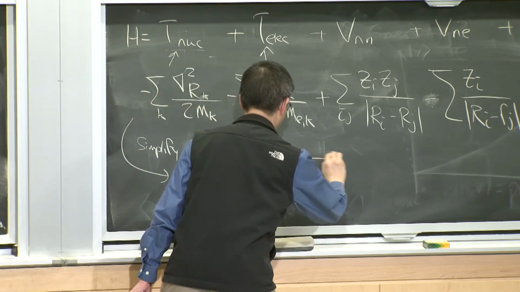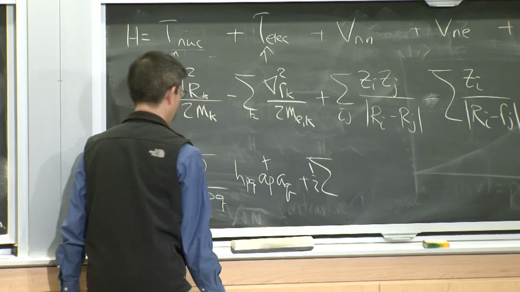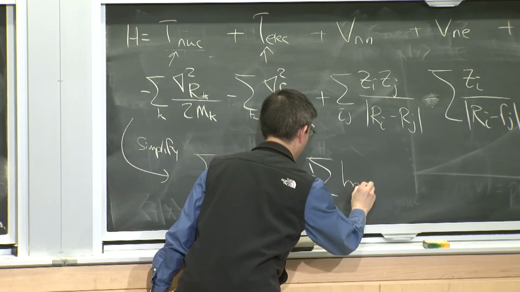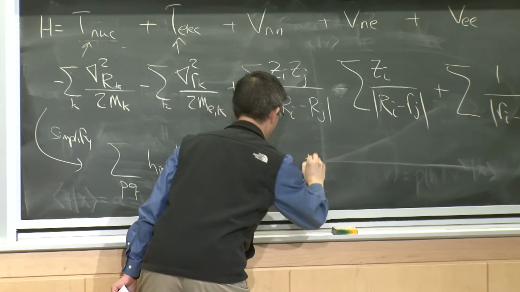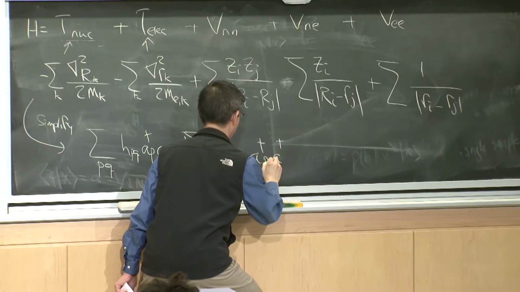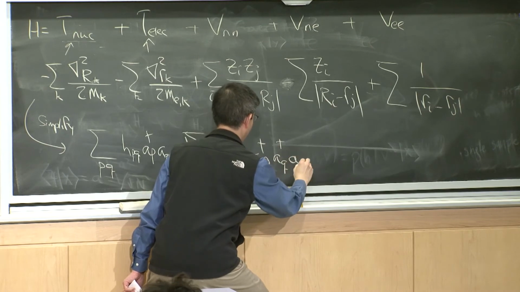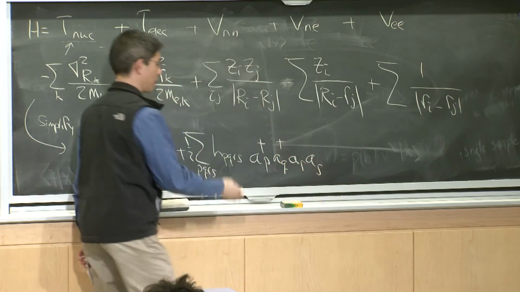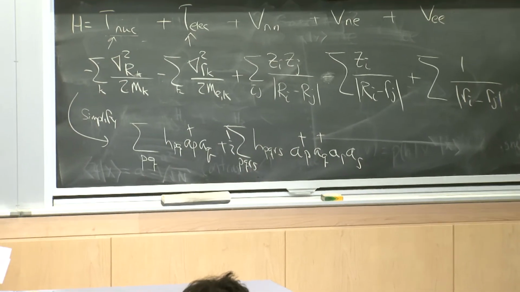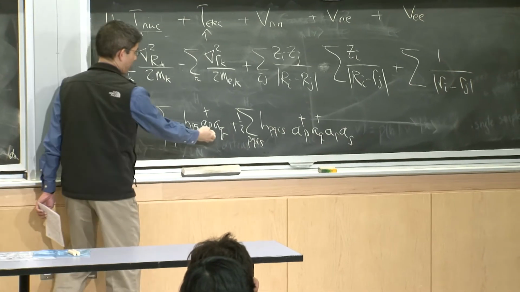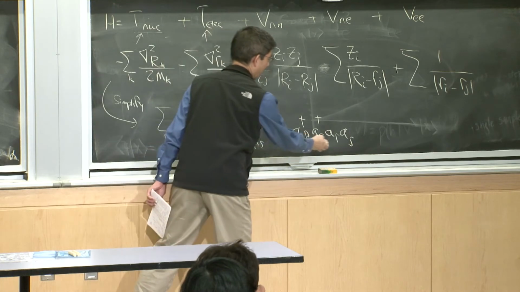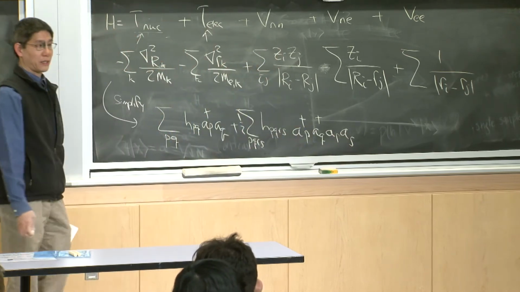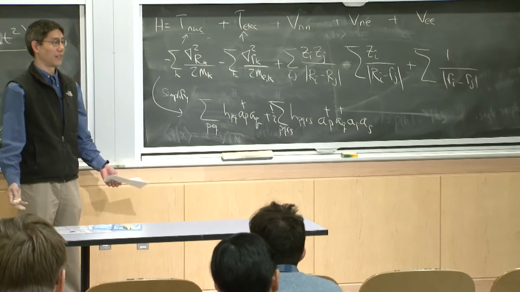And there will be some interaction term, h_pqrs a dagger p a dagger q a r a s. Maybe you'll commute these in various ways. So these are the individual particle excitations, and these are interactions between the particle excitations to lowest order.